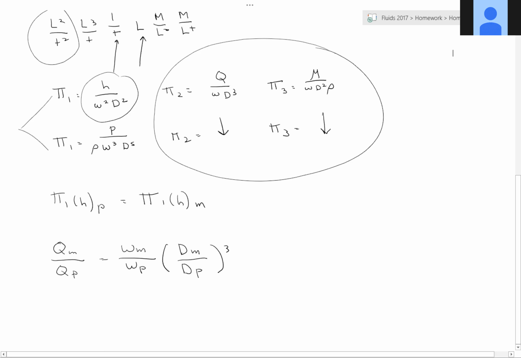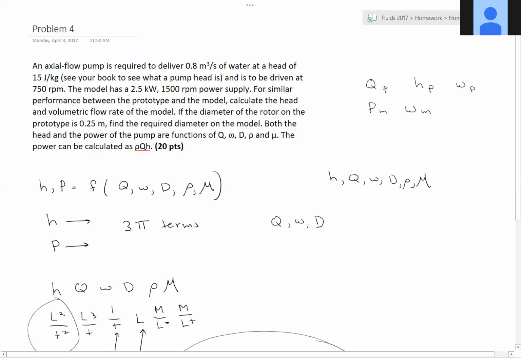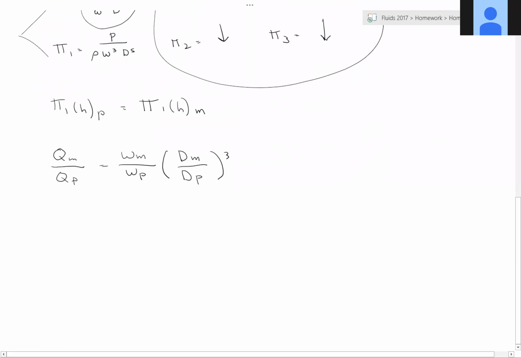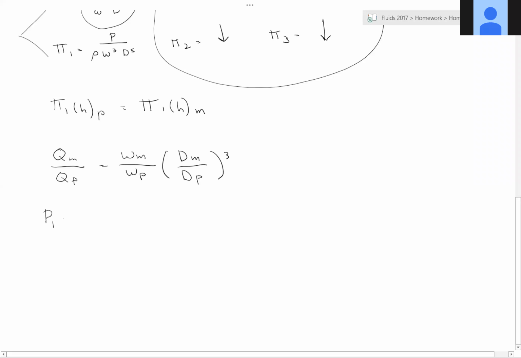So can we use the equation we have for power? If we use the equation we have for power, now you're getting there, right? The power pi groups, what can we calculate? We can calculate the prototype power. So what we can find is this is equal to rho times Q times these.